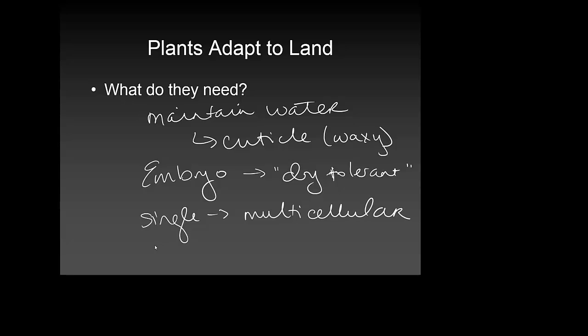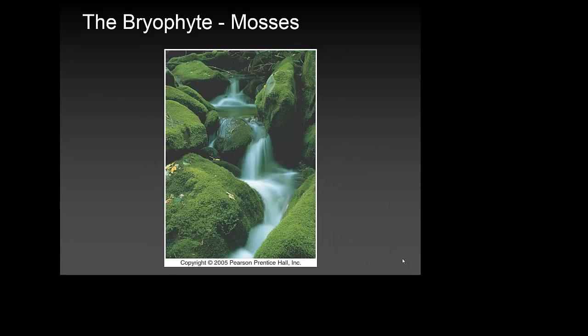And looking at being surrounded in water to having to acquire water somehow. Okay? So bryophytes or mosses are our earliest ones. We see these surrounding moist environments. They have to remain moist. Water is critical for mosses. There's a reason water is critical for mosses.